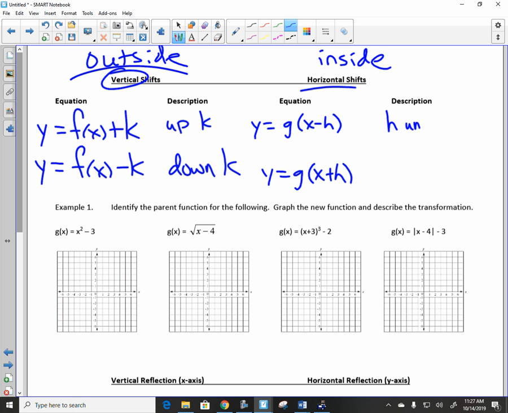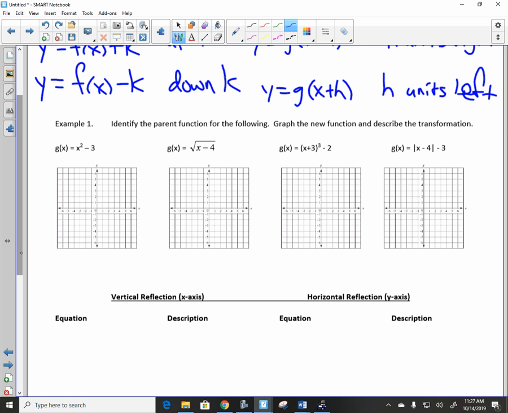H units right, h units left. Now you remember some of this from previous years. Notice how the minus is right and the plus is left. So you should be able to identify the parent function and then be able to sketch the graph.